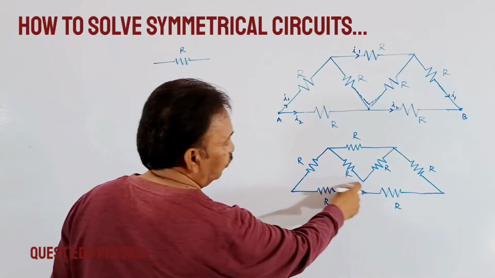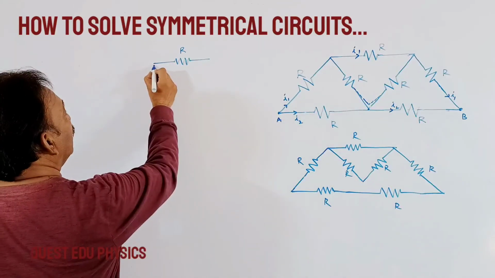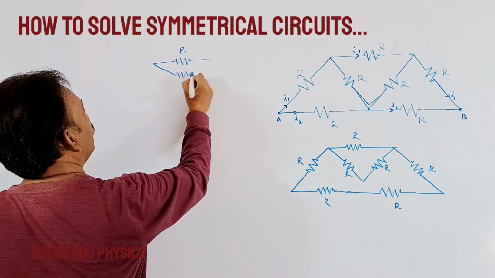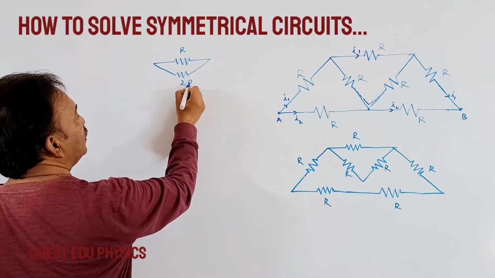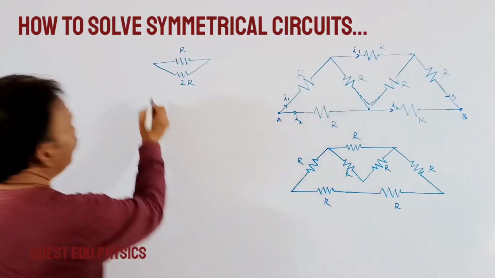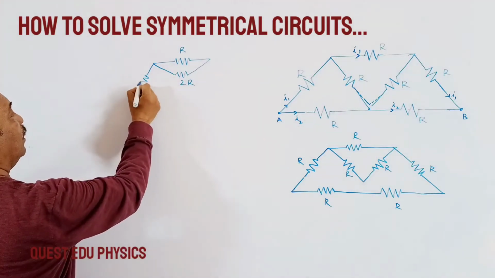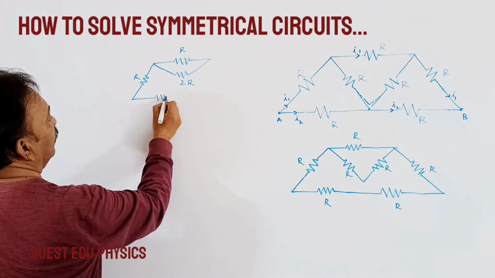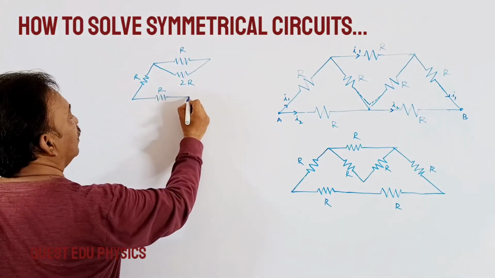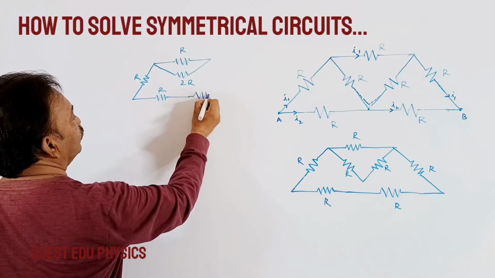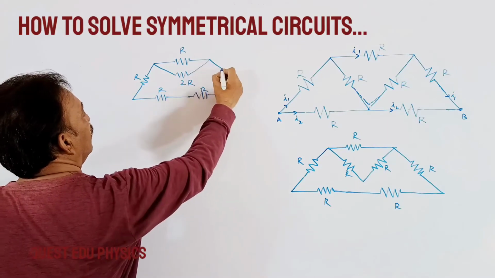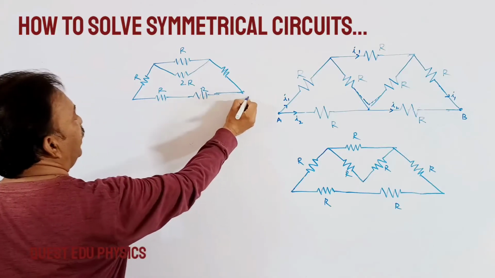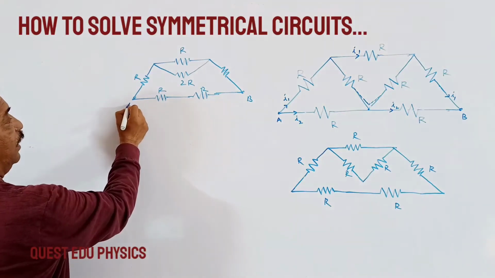Okay, these two are in series and turn into a single resistor of resistance 2R. I did the same. Here, it is the same resistor R, and we got R, R, R, and points P and A.